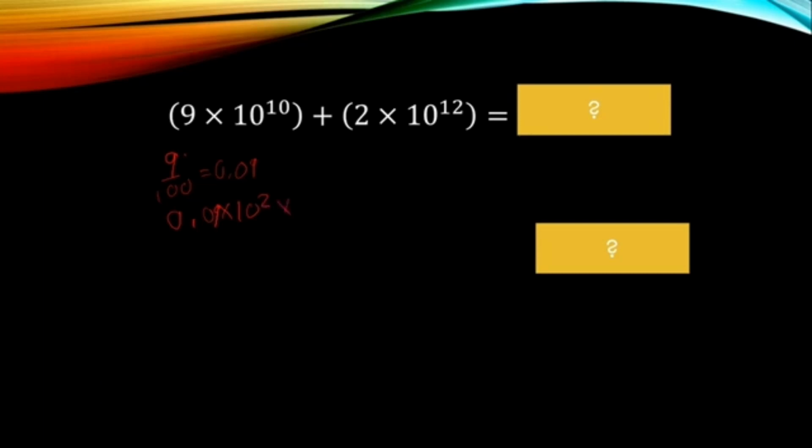So we can say 9 can be rewritten as 0.09 times 10 to the power 2, times 10 to the power 10.